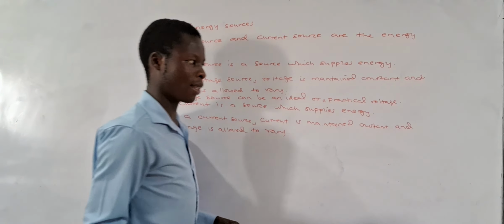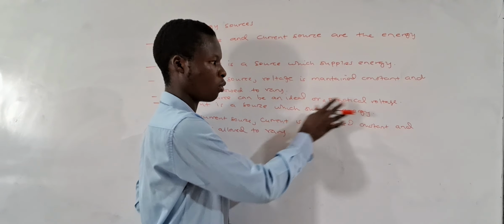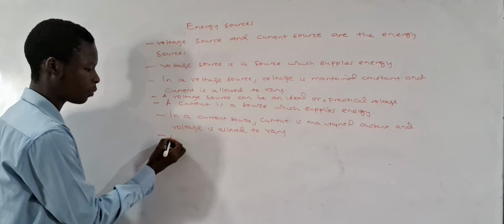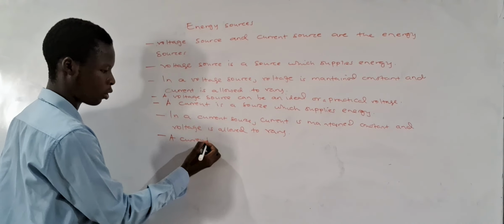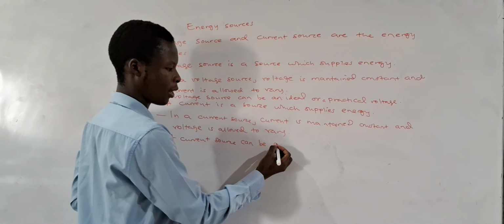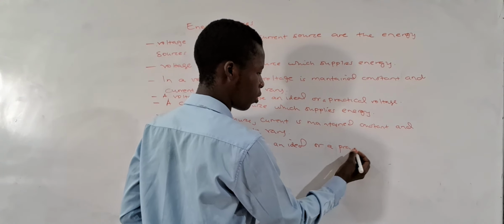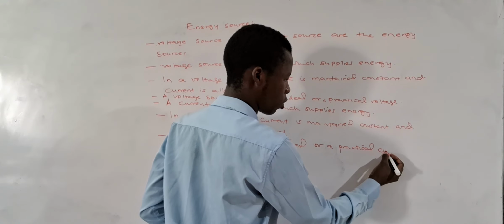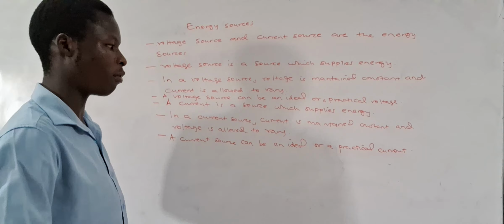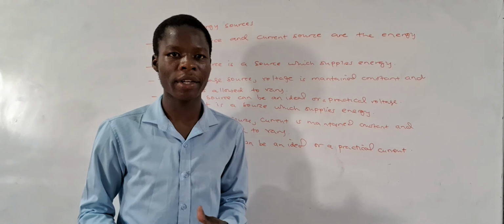In the next class, I am going to tell you the difference between an ideal voltage source and a practical voltage source. Same applies to current. A current source can be an ideal current source or a practical current source. So in the next class, I am going to give the difference between an ideal current source and a practical current source.